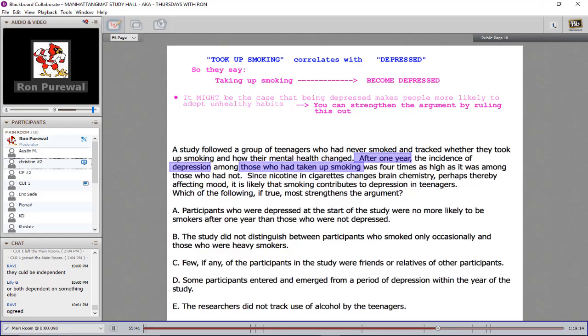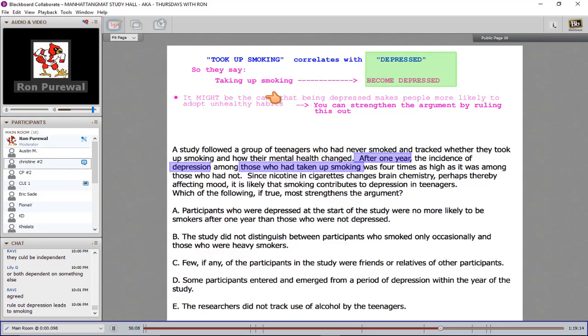But what else could be a problem? I mean, what about the actual data? What about that? Yeah, so that's what we have on the board right now. If there were an answer choice that rules out being depressed making people smoke, that would also strengthen the argument.